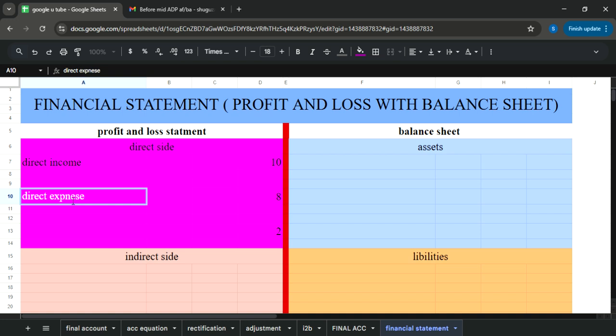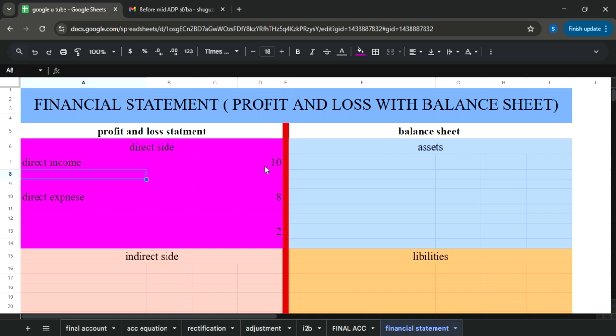Let's say we are doing the business of a cloth merchant. So the income you earn directly from cloth merchandising, you will write that income over here, and all those expenses which you are making in cloth merchandising would be written over here.